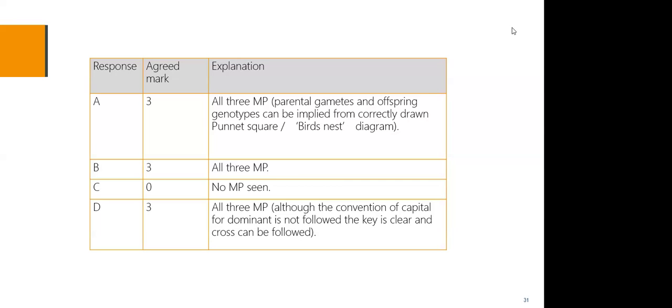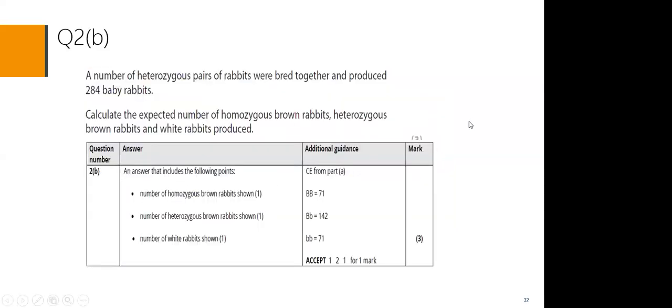So now we're going to look at a calculate question. This question carries on to use it to calculate a number. Heterozygous pairs of rabbits were bred together and produced 284 baby rabbits.